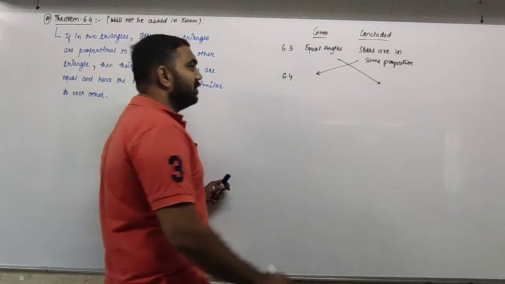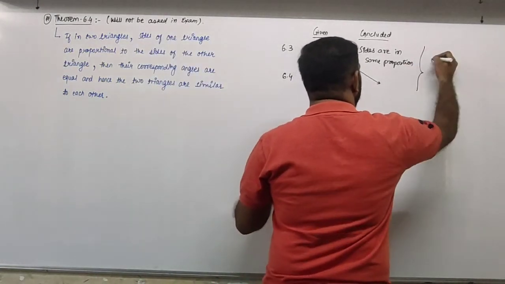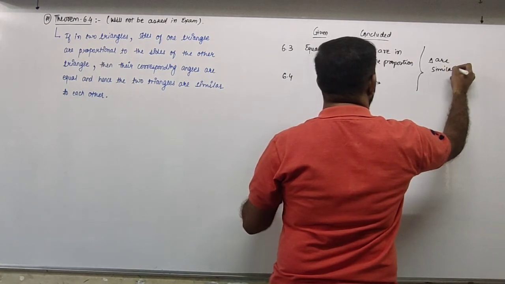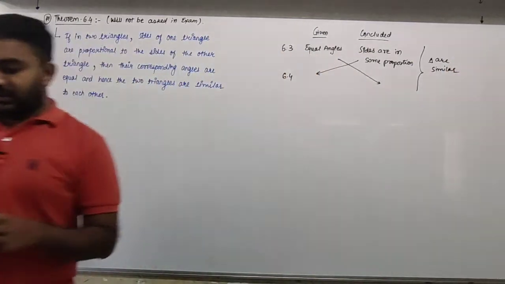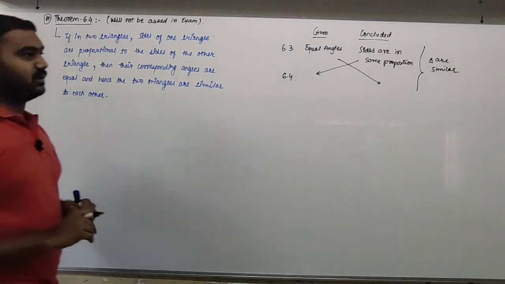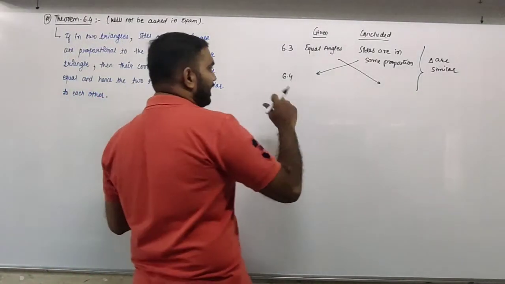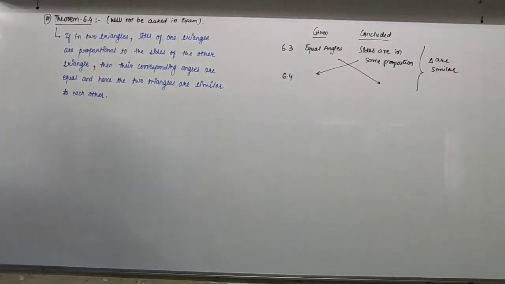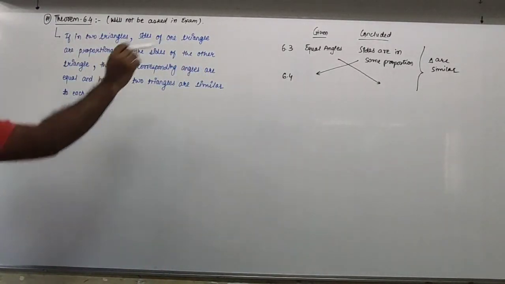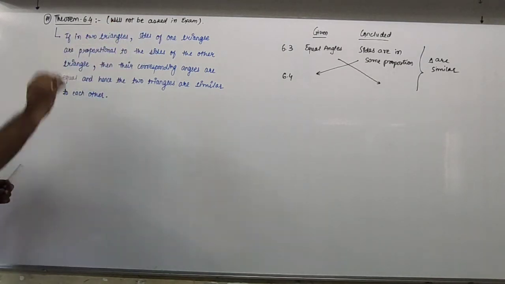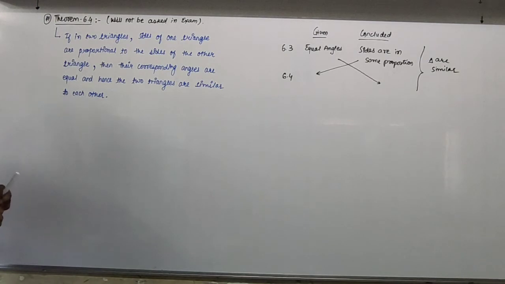So ये तो आपने बनने में prove करी थी ना, क्या वो बनने में था? So triangles are similar to each other. The triangles will be similar to each other. That we did prove in both the theorems. So that is what we consider as the vice versa or converse of the theorems. In 6.3 what was given is proved in theorem number 6.4 and what we just proved in theorem 6.3 is now given in theorem number 6.4.